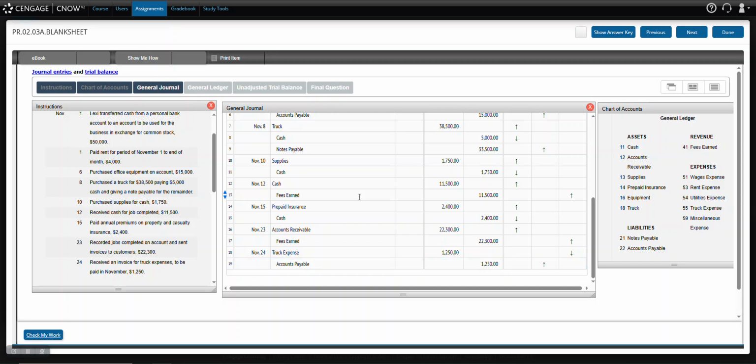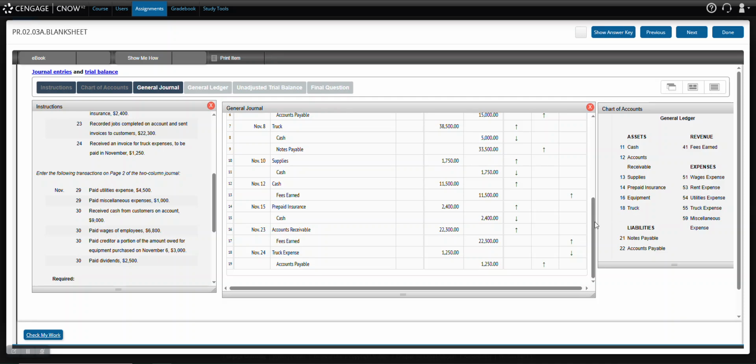So it becomes an accounts payable for us because it's going to be paid. It just hasn't been paid yet. So it's something that we're going to do in the future. As a reminder, anytime we see something to be paid or on account, that's a purchase, that's automatically going to be accounts payable. The only time we ever use notes payable is if they tell us that it is in fact a notes payable.